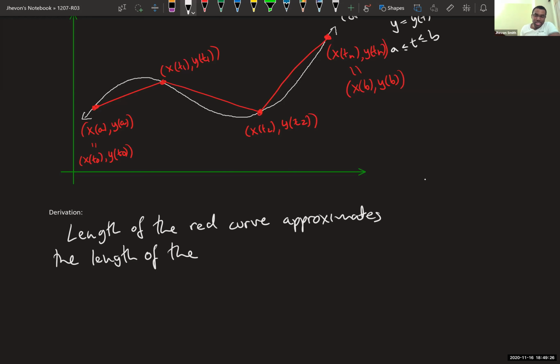I know on your screen it looks white, but when I print out the notes, it's going to look black. Okay? And the approximation gets better the more line segments we use.